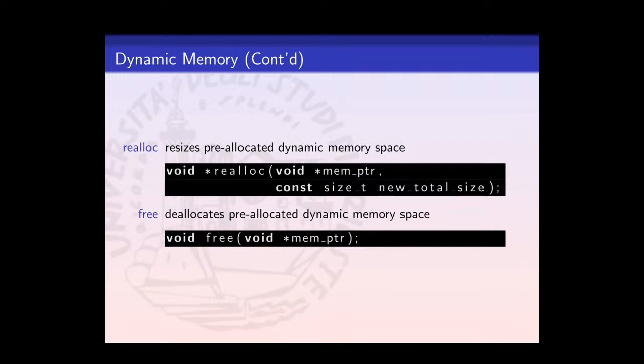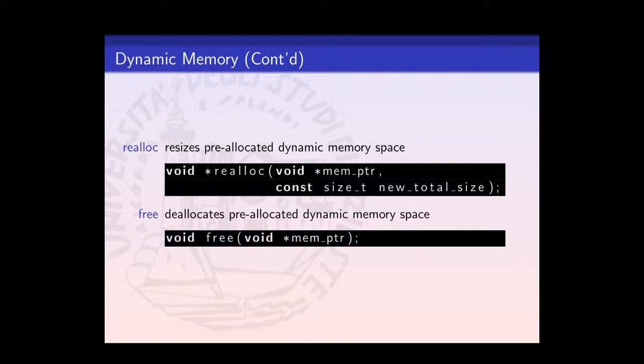So by using void asterisk, you are saying that this is a pointer to memory, which can be used for any kind of data type. It's a way to say you can do anything you want on this memory.